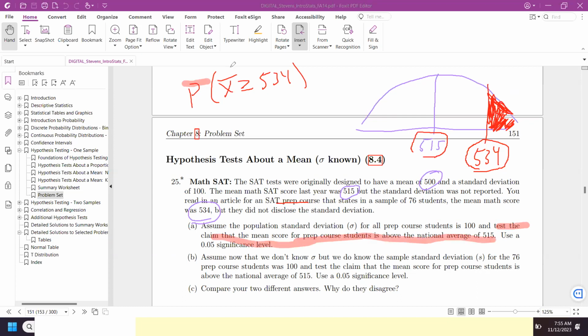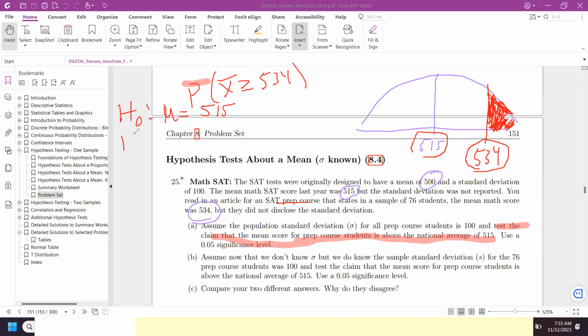So we know the center of this distribution is 515, right? So H0, the null hypothesis: the average test score for these test prep students is the same as the national average, and any variation is just due to random selection, random sampling error.